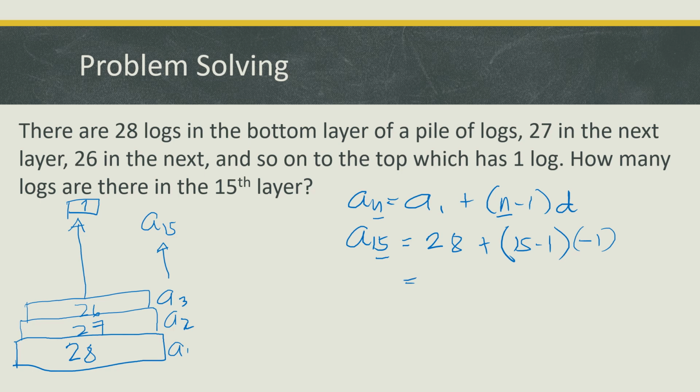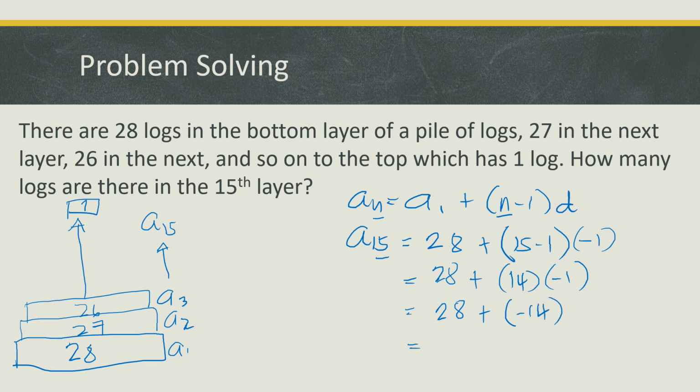And then evaluate the equation. First, 15 minus 1, we have 14 multiplied by negative 1. Again, following the GEMDAS, grouping symbol first and then multiplication, we have 28 plus 14 times negative 1, which is negative 14.